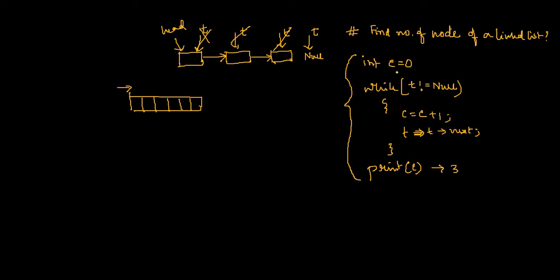Since c is a global variable, the value of c will be visible throughout the whole program.